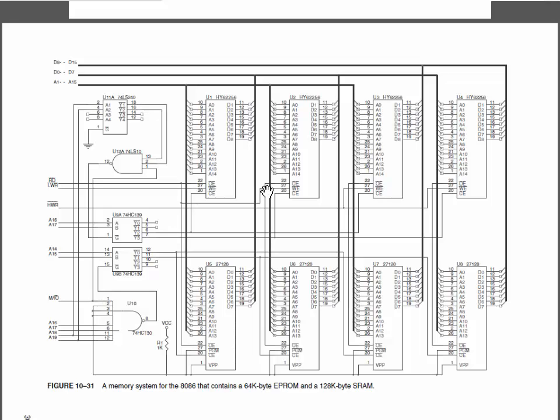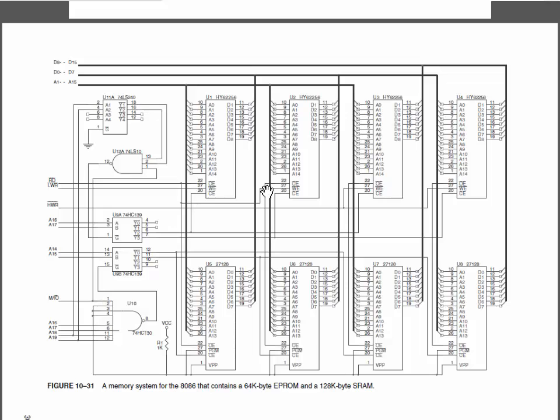Remember, we used the gated latches to latch the address lines, so we kept them separate from the data lines. So this circuit does not include that part of the memory interface. This is just the address decoding portion of the memory interface.